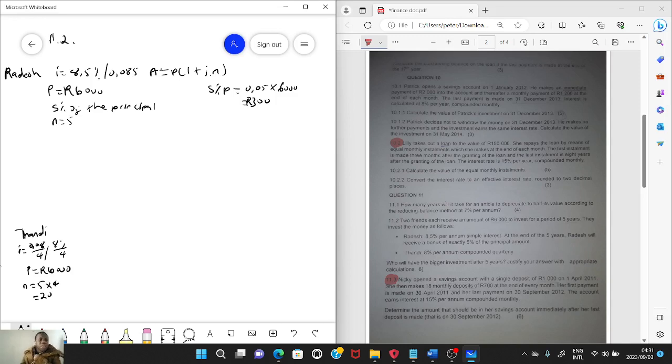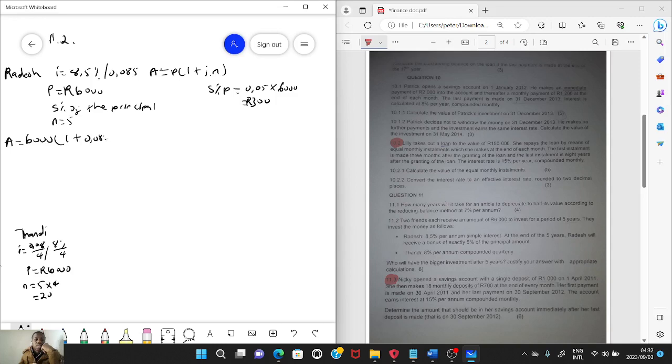So let's start with Rajesh. With Rajesh, we don't know A because A is the amount after the money has grown. The only thing that we have here is P, which is our 6,000, that's our original amount. And then we have 1 plus, what's my I? My I is 0.085. Oh, I still have to multiply.